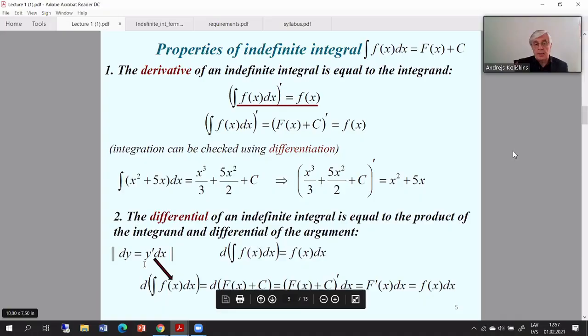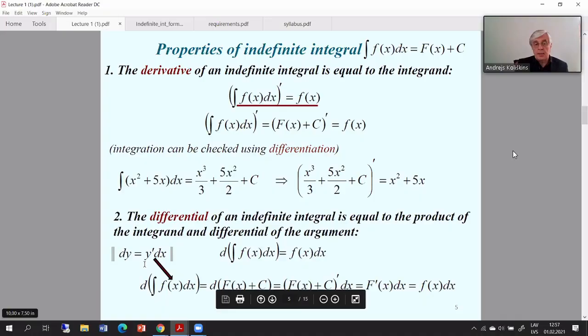So in other words, if I know that the integral, for example, of f of x is equal to capital F of x plus c, then a similar expression holds for this case, assuming that now the argument x here and there is replaced by some differentiable function of x.